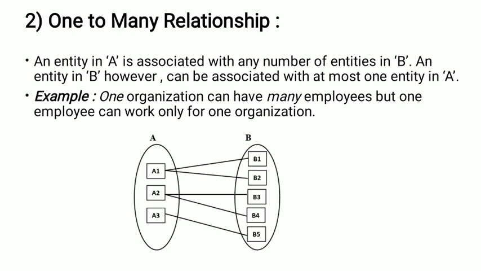That is a one-to-many relationship. Here, entity set A contains three instances, A1, A2, A3, and entity set B contains five instances, B1 to B5. A1 is associated with B1 and B2, A2 is associated with B3 and B4, and A3 is associated with B5. That is called one to many.